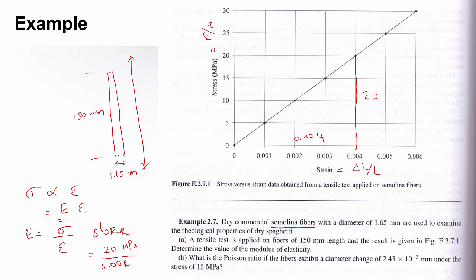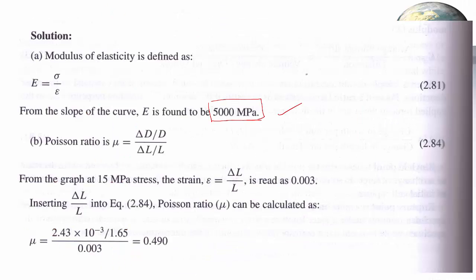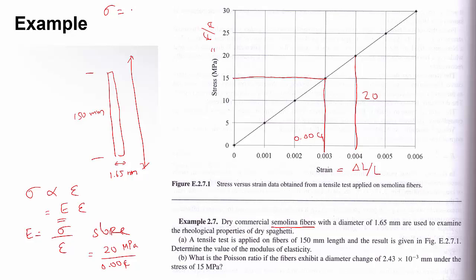So at a stress of 15 megapascals, the value of the strain is 0.003, no units, it's unitless. And then that's nothing but delta L over L, right?